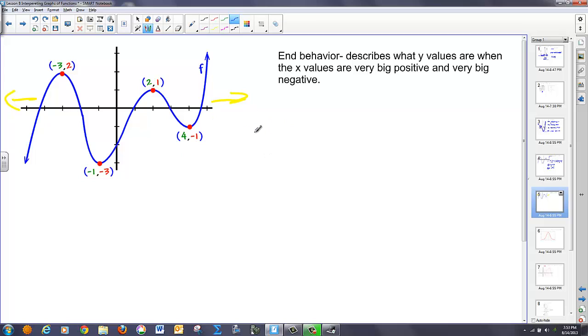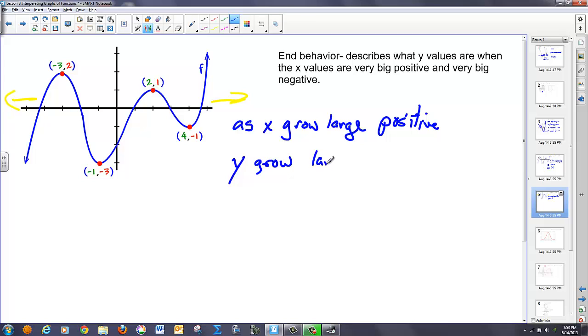To do that, we say as x grows large, positive, y grows large, positive.